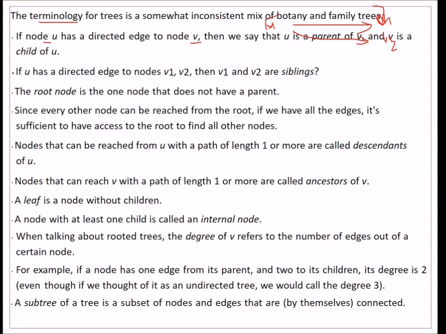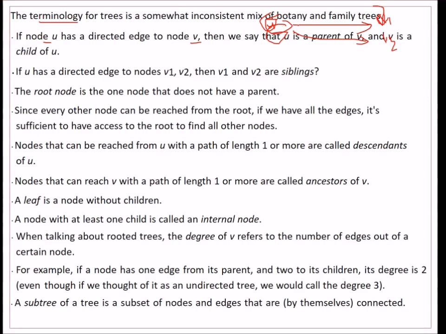And the root node is the one node that does not have a parent. And since every other node can be reached from the root, which is U, it's sufficient to have access to the root to find all other nodes, because this is from where we start.